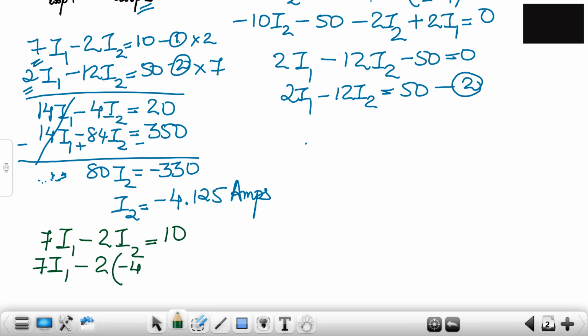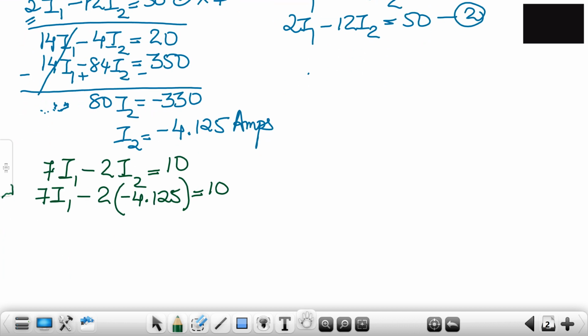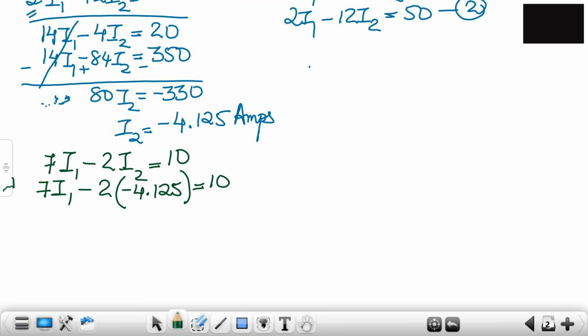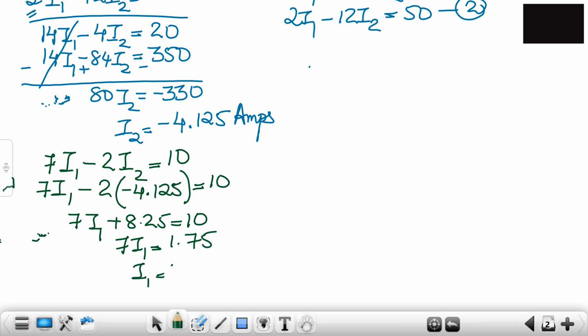That is minus 4.125. So what do you get? 7I1 plus 8.25 is equal to 10. So 7I1 is equal to 1.75. So I1 is 0.25 amperes.